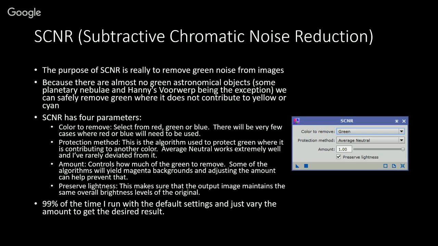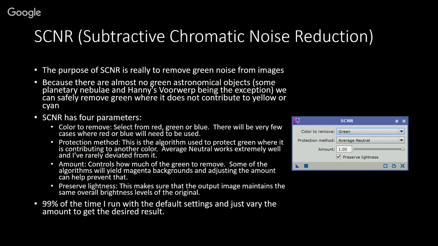It's very straightforward to use. You select the color that you want. The protection method, 90% of the time I'm going to use average neutral. There's a few other methods in there, but the average neutral works pretty well most of the time. The preserve highlights option just tells it that you want the same brightness levels after you've run the process as was given into it.